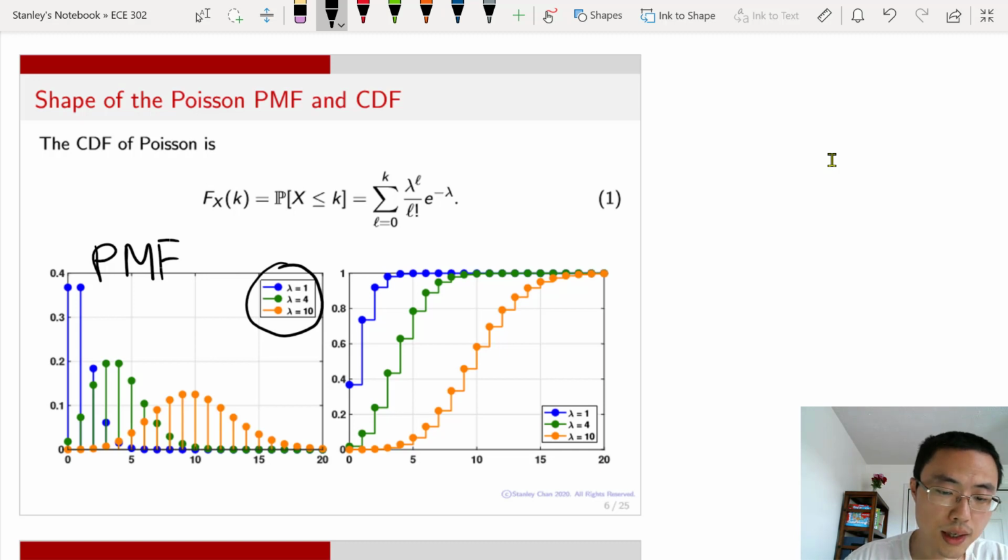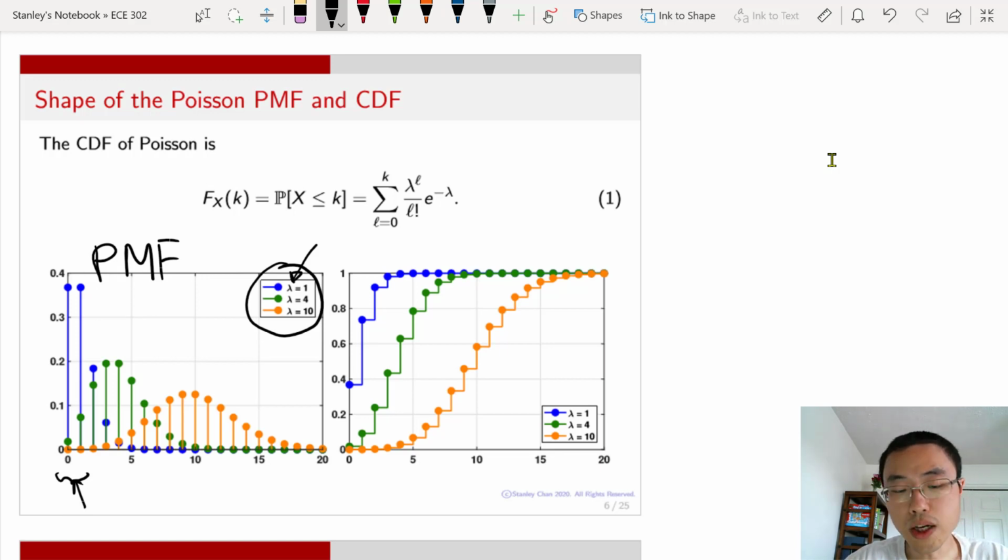As you can see, if you set lambda equals 1, which is a low value, then most of the probability will be concentrated in the beginning, because when lambda is 1, that means on average very few people will show up, and so the mass will concentrate in the beginning.